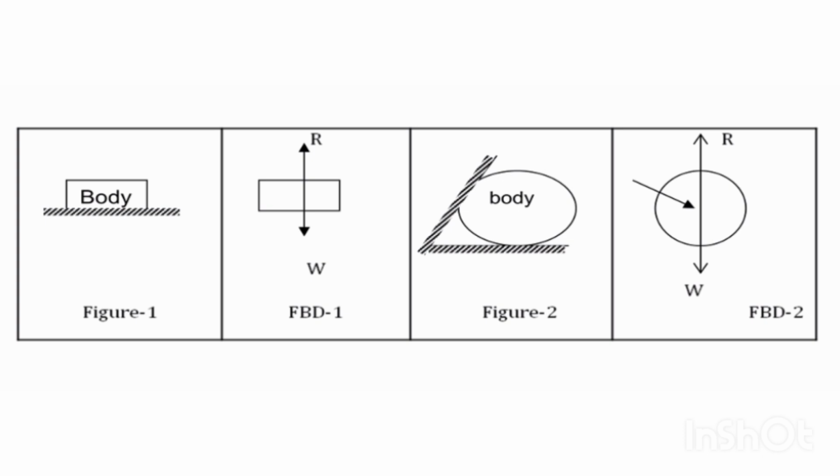Now the free body diagram, FBD in short, will be like this: action force W, reaction force R, and another force coming from the inclined plane in the inward direction. So this is the free body diagram. It is free from all other connected bodies and supports, but not free from the forces exerted by the connected bodies and supports. We have to draw the different forces.